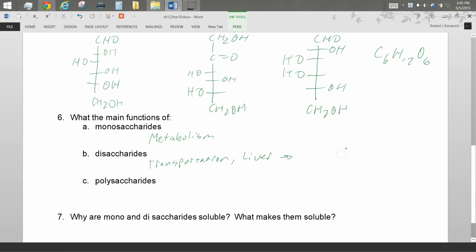Actually, I'm not going to say that. I'm going to say liver to cells. And the polysaccharides? Storage of monosaccharides. If we're talking about animals, it's just storage. But if we're talking about plants, it's storage and structure. More structure than storage.